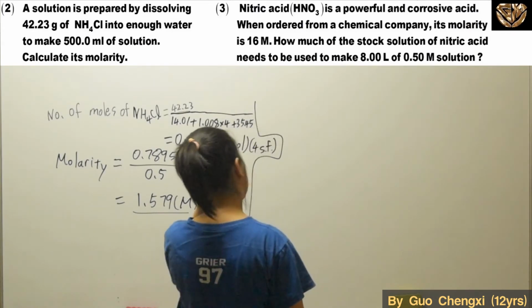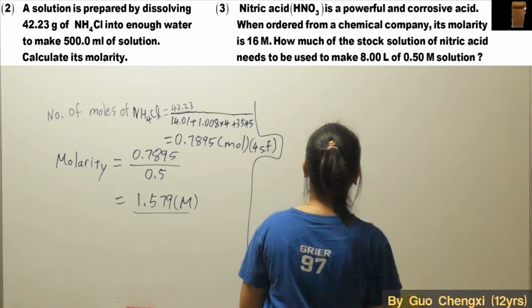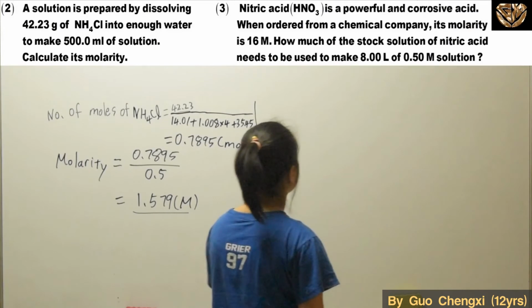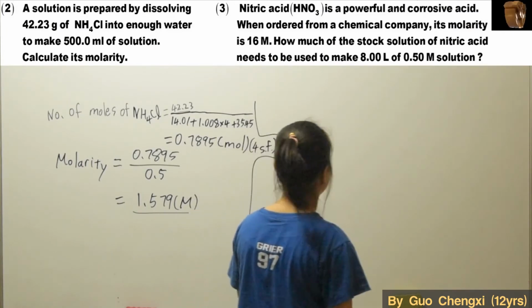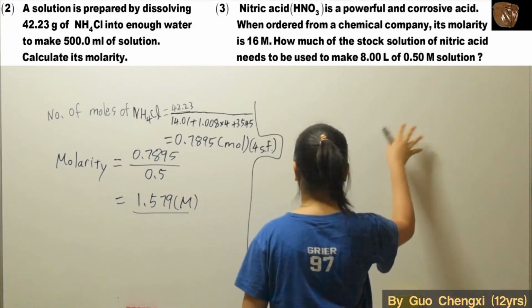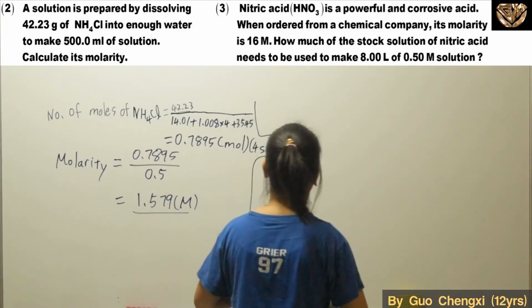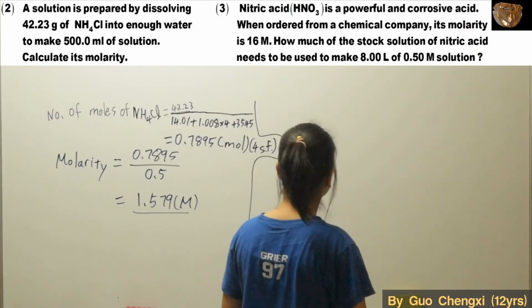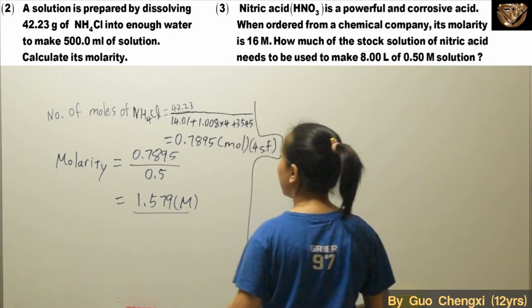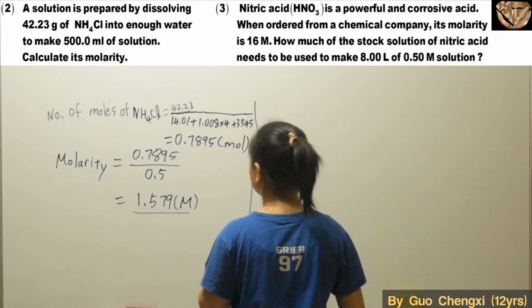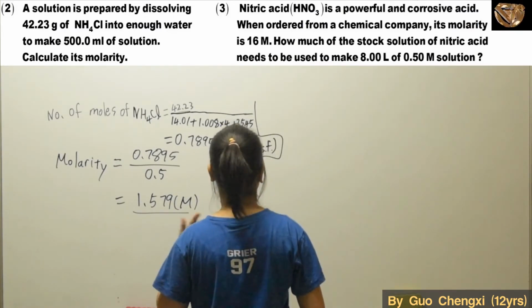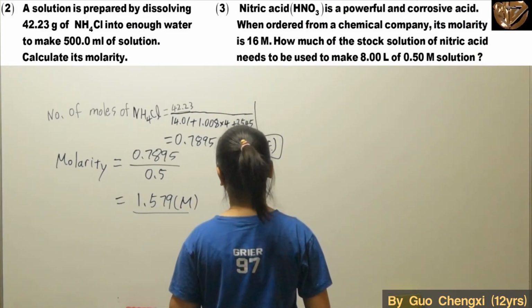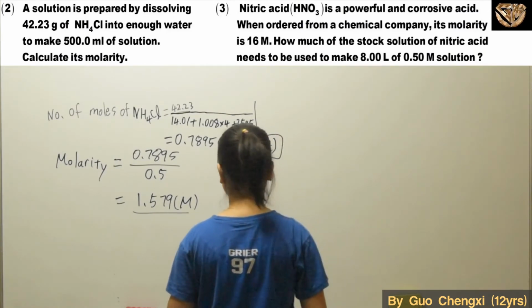For this part, what we are finding here is the volume that's needed for the nitric acid for this to happen. You know how molarity is the number of moles of the solute over the volume of the solution.